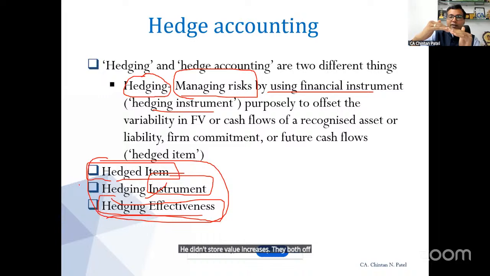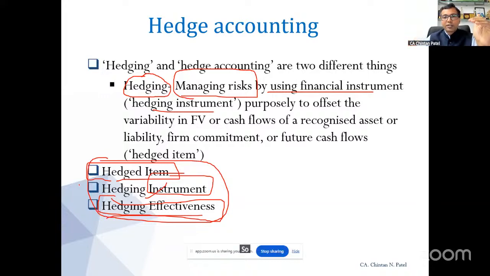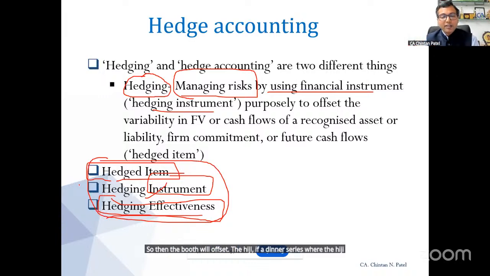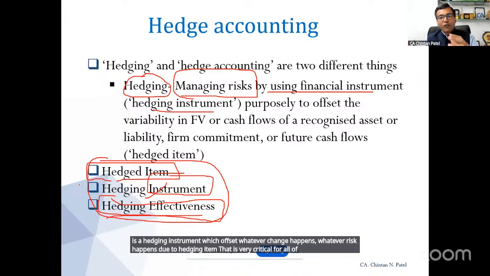That is very effective. If the change in hedge item cash flow results in more cash payout, the hedging instrument should result in receipt of more cash. Then they both will offset. So hedge effectiveness is where the hedging instrument offsets whatever risk happens due to the hedge item. That is very critical for all of us to understand in deciding whether to do hedge accounting or not.